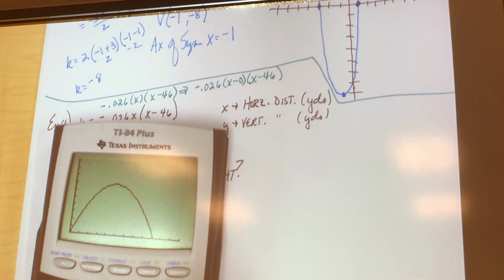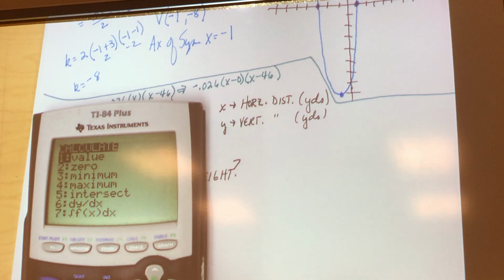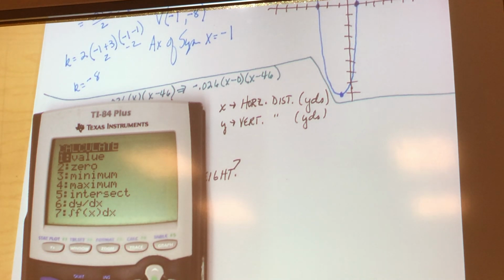So I'm going to show you how to do this on your calculator, just in case it's not written in intercept form and I want to work it on my calculator. So I'm going to go second and calculate. Does anybody know what the x-intercepts are called in this list of things? Zeros? Yes, they are called zeros.